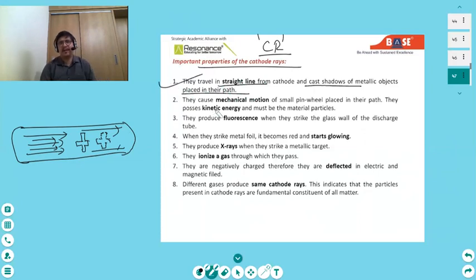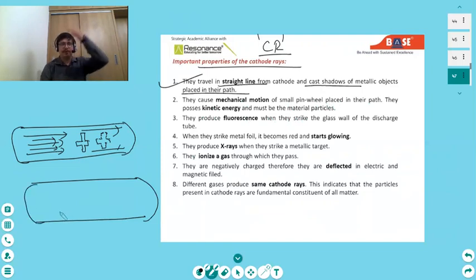Second, they cause mechanical motion of a spin wheel placed in their path. They possess kinetic energy and must have material particles. Suppose this is my cathode ray tube. Have you seen that spin wheel? A very lightweight, basically a mica spin wheel. A spin wheel rotates when some material, something with mass, moves.